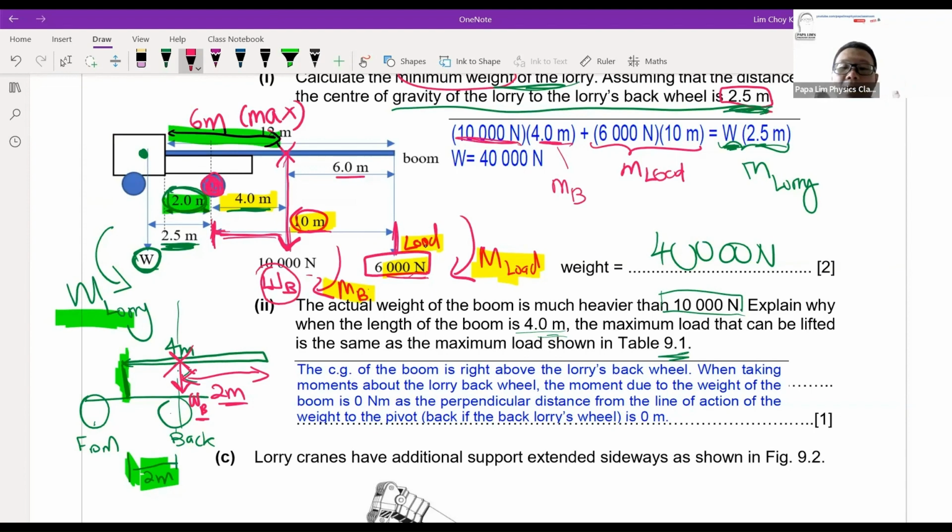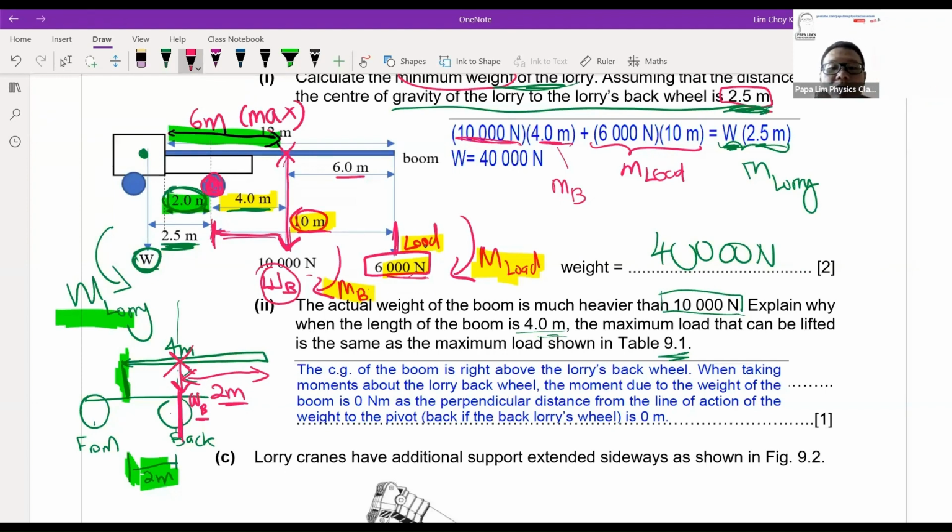Now at this particular length of boom, 4 meter, the weight is directly above the pivoting point, which is the back wheel here. You'll find that there isn't any perpendicular distance. So the weight of the boom at 4 meter length is directly above the pivoting point.